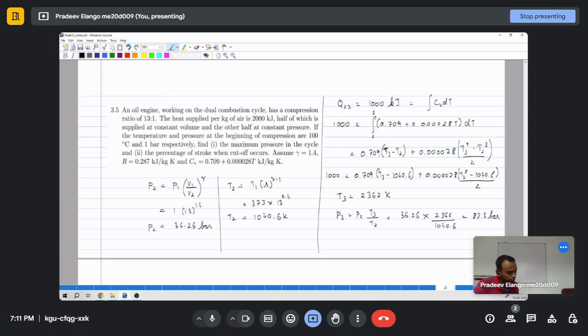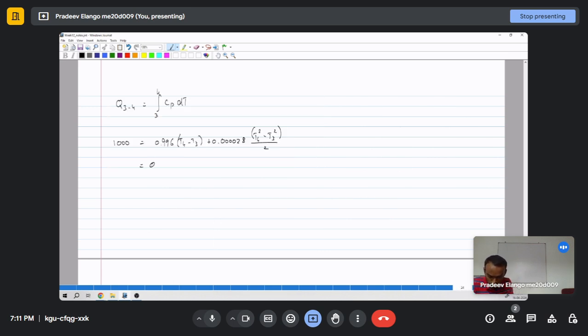Here T3 is 2360. So if we solve this, we will get the value of T4. So T4 is 3290 Kelvin.